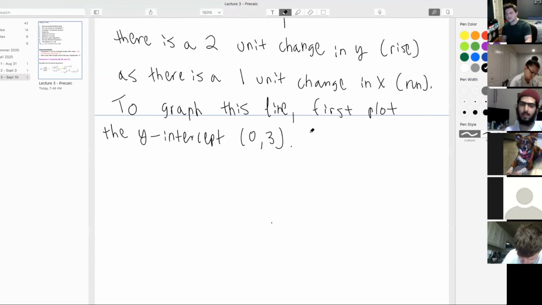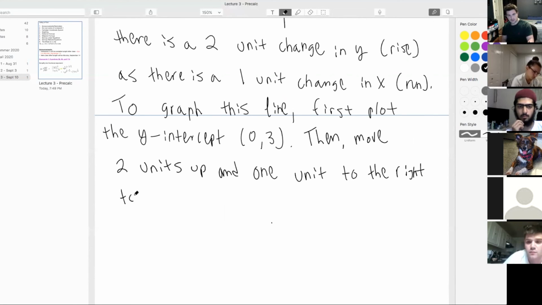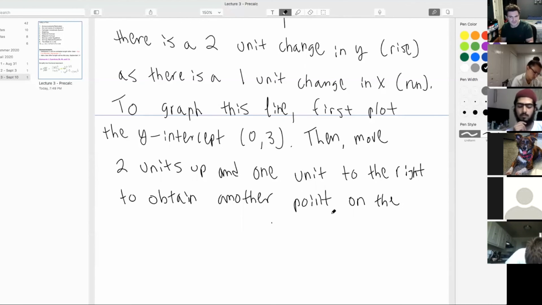First plot the y-intercept, then move 2 units up and 1 unit to the right to obtain another point on the line. So this is that whole rise over run business.